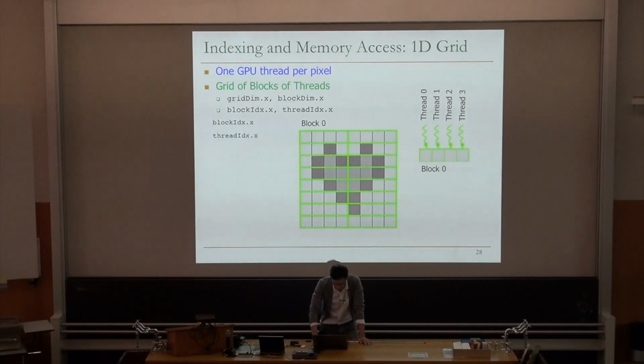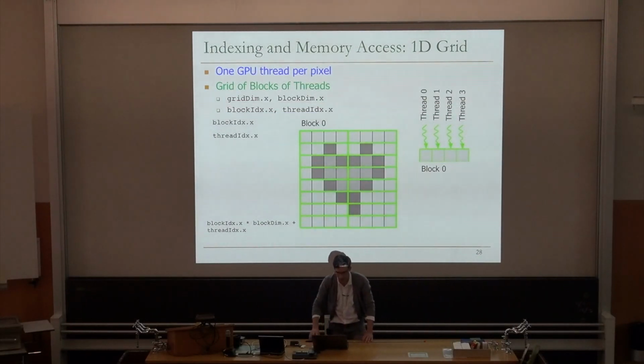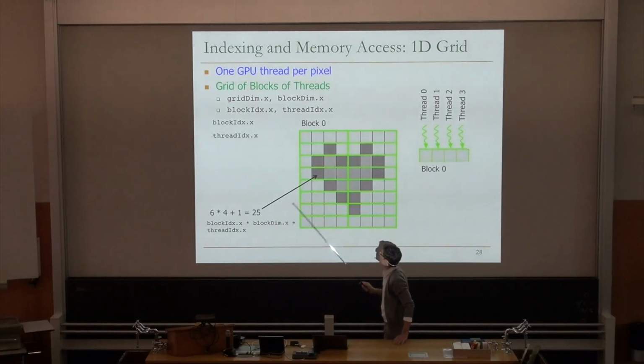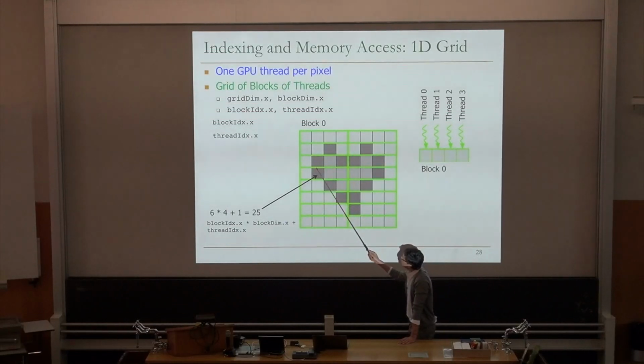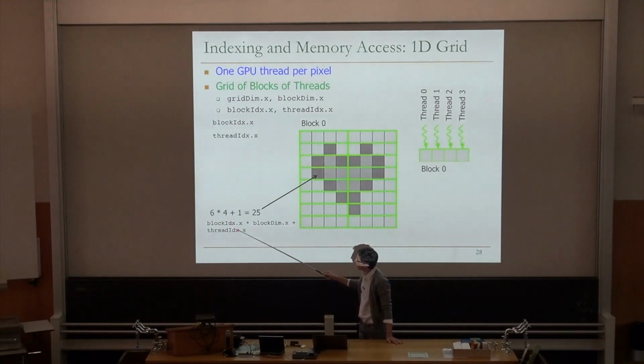So we have our block index, we have our thread index. When we write the CUDA code, we need to tell each of the threads, hey, you have to access this pixel, and the way that we are going to do it is using this block index, block dimension, and thread index. So, for example, the thread that is going to operate on this pixel is thread 1 in block 6.